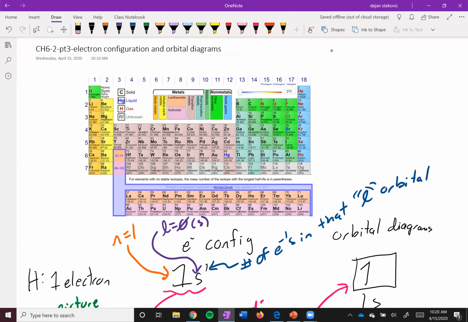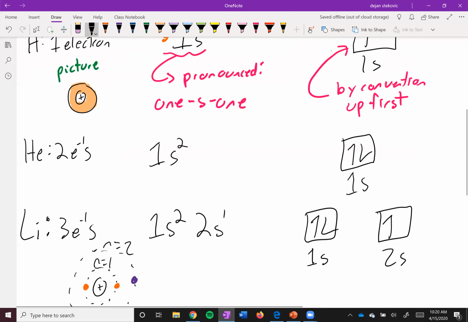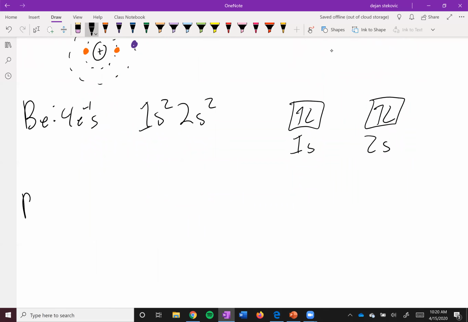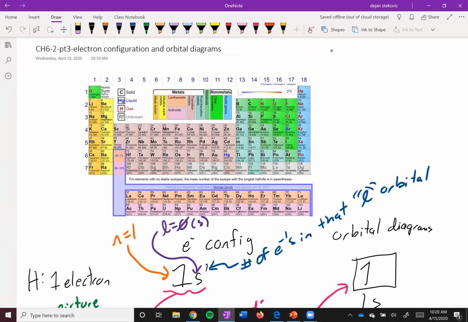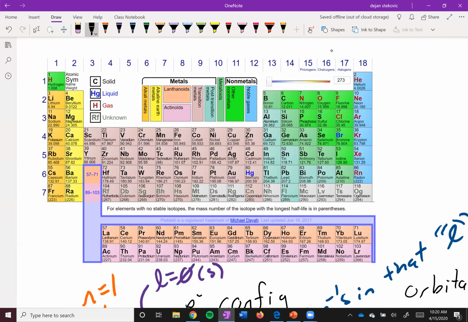If we take a look at our periodic table, next up is boron. And again, we're going to read it like a book, left to right, line by line. So here's 1s1, 1s2, 2s1, 2s2. Now what happens when we get to boron? Our n is still 2, but now we're in the p block.